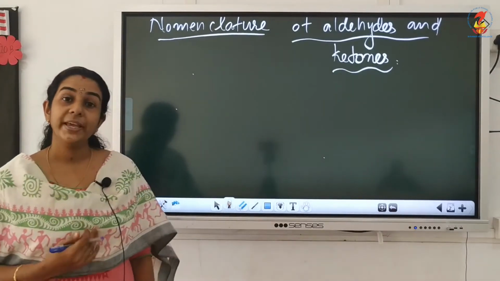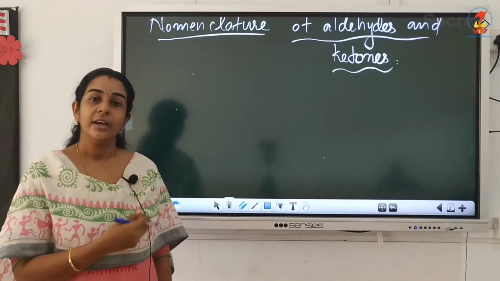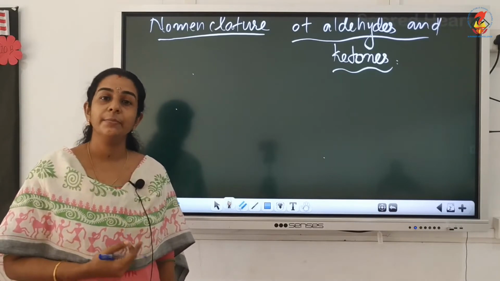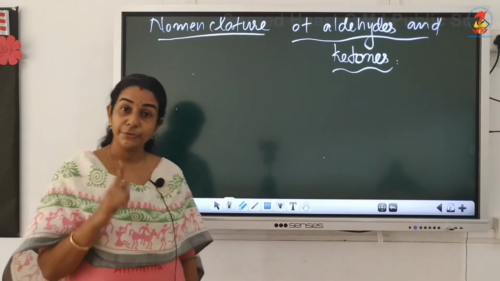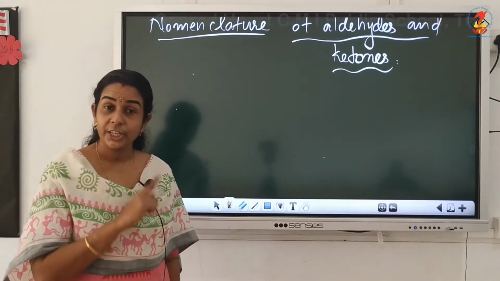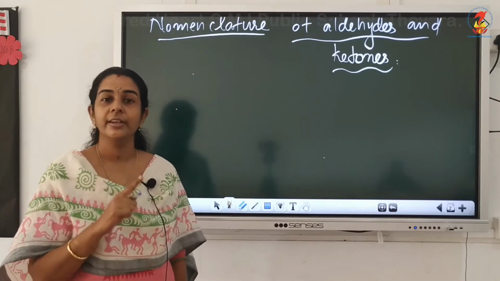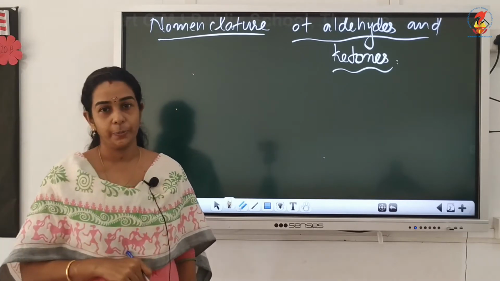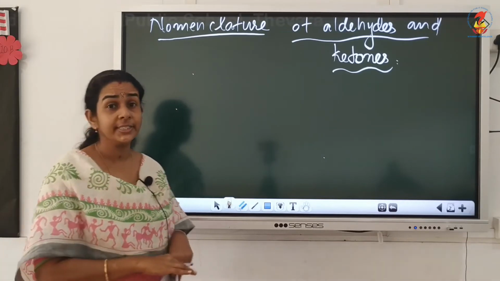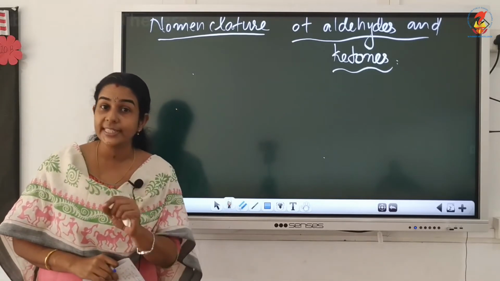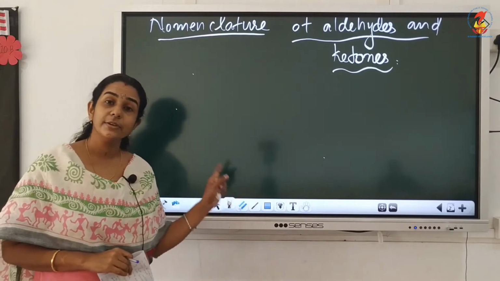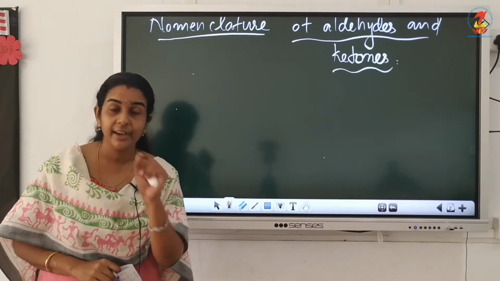We know the basic rules for writing the IUPAC name of an organic compound. When we get an organic compound, the first rule is select the longest carbon chain containing functional group. And the most important thing is, in this chapter we are studying about aldehydes, ketones and acids. These are the functional groups containing carbon.